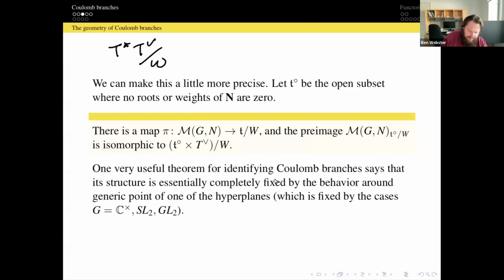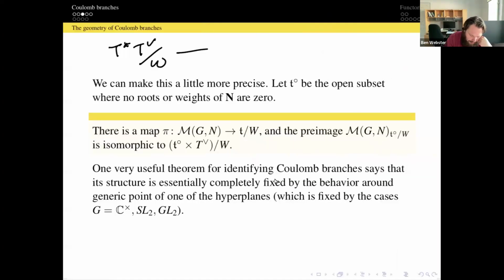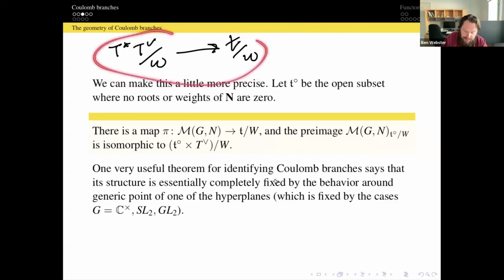If I take T star of T check mod W, there's a projection, right? Since T check is a Lie group, its cotangent bundle is trivial, and so I can project down to the cotangent fiber. And since I mod out by W, I project to the cotangent fiber mod W. And every Coulomb branch has a map that's modeled on this one, that matches up with this one under this birational morphism, which I'm calling pi.